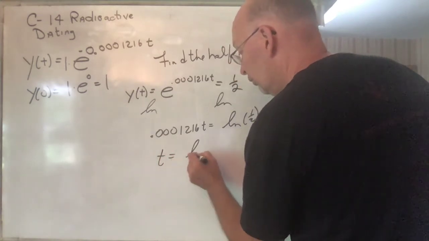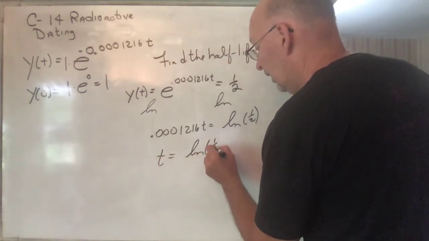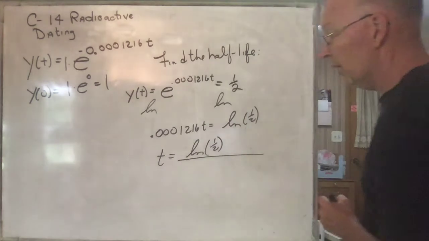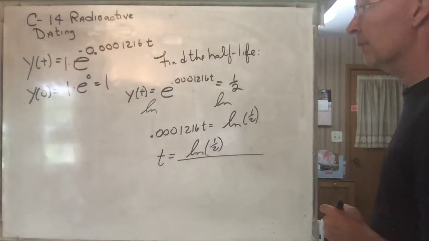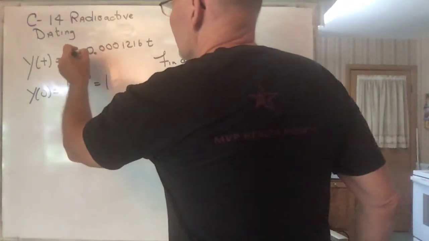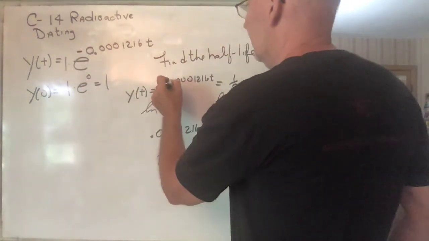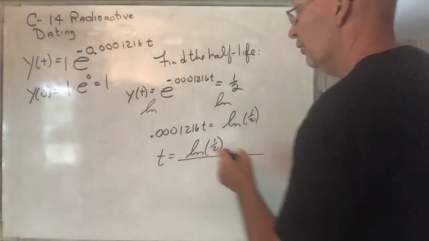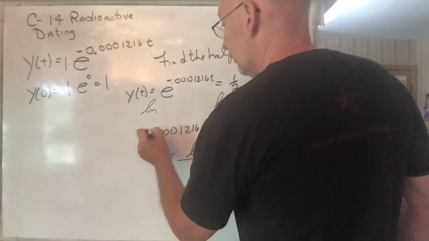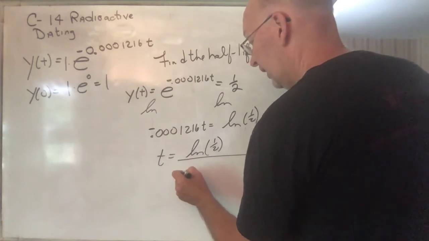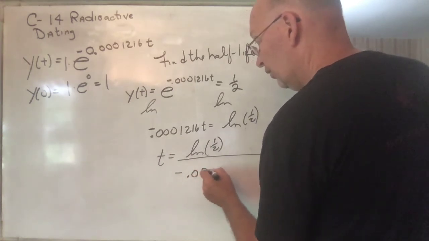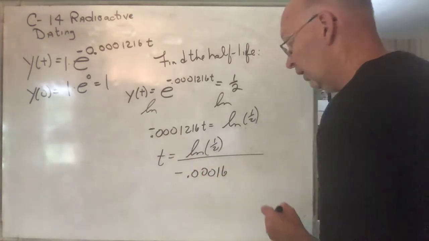So t is equal to the ln of 1/2 divided by, and this is a negative right there, so I should have had a negative right there. And so now I'm going to divide through by negative 0.0001216.